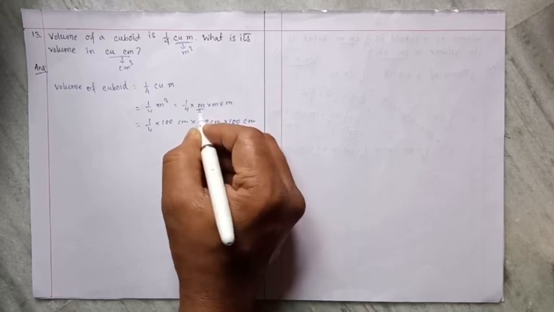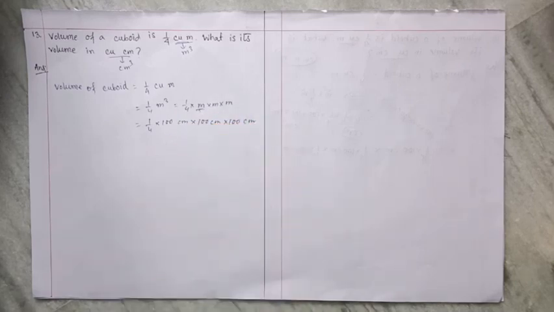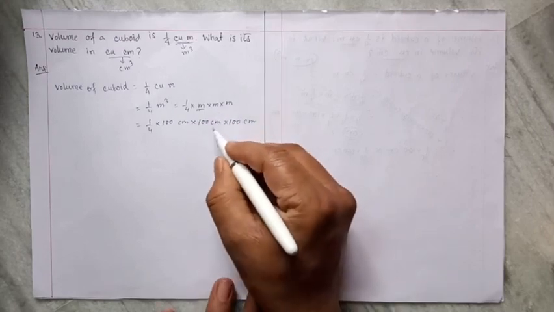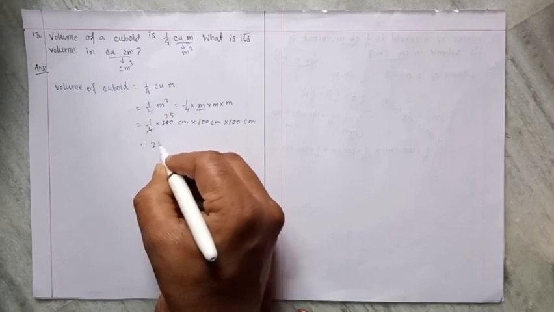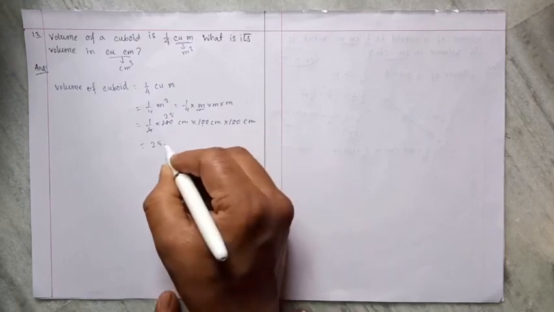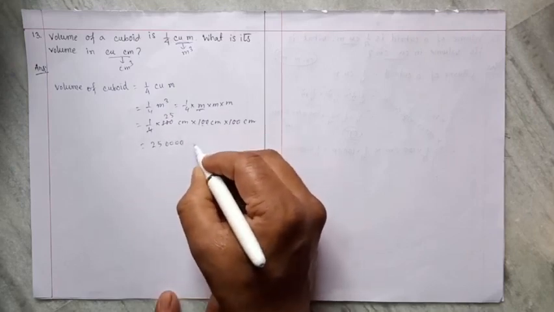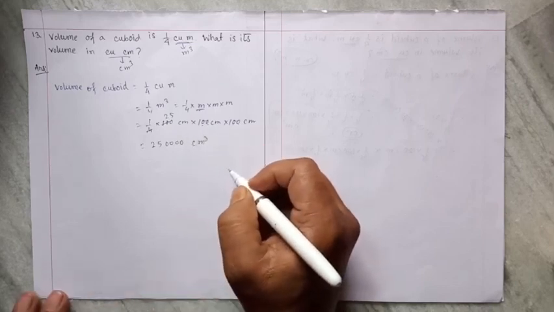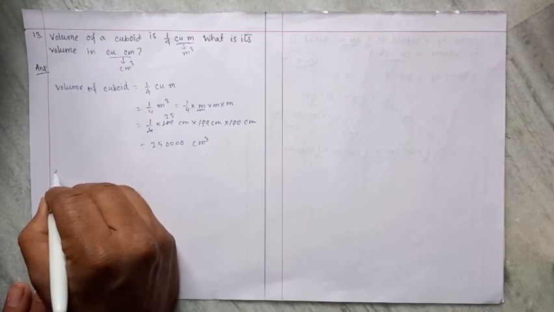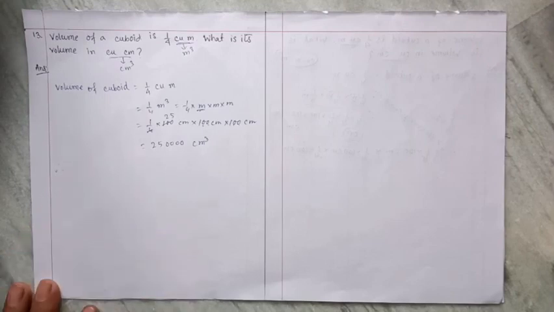That's why for this meter, 100 centimeter, for this 100 centimeter, for this 100 centimeter. Now just cut it: 25. So 25 and 1, 2, 3, 4, 1, 2, 3, 4 zeros: 250000 cm³, or you can write cubic cm. Therefore write the answer statement: its volume is 250000 cm³.